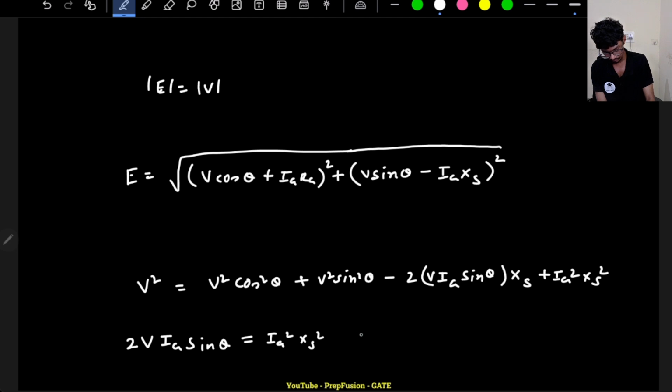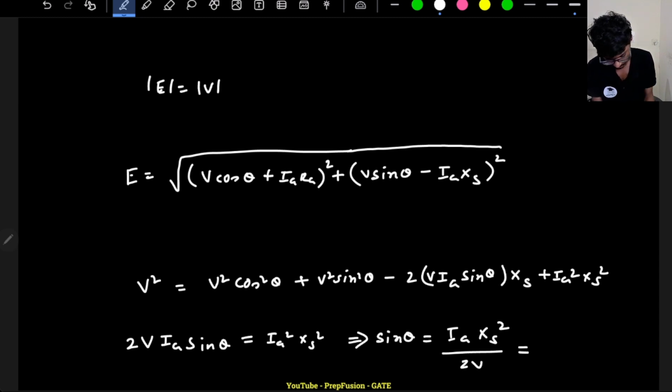So sin θ will be equal to Ia Xs² divided by 2V.